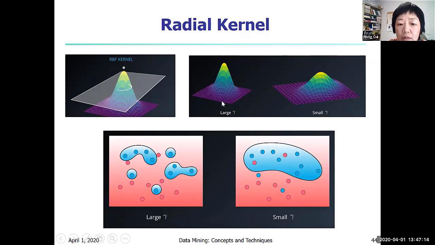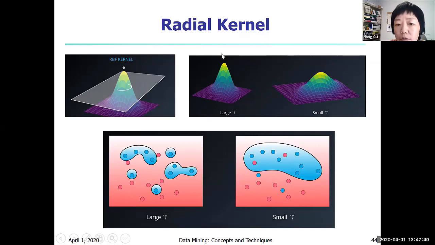So the idea is when you apply a large gamma, this data point's effect on its neighbors does not reach its surrounding area as widely as with a smaller gamma. With a smaller gamma, a larger range of dots further apart from this dot are going to be affected by this dot.